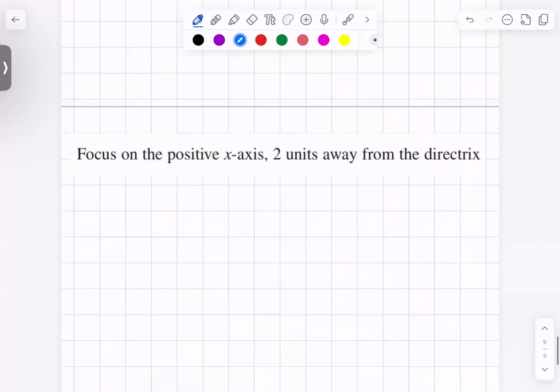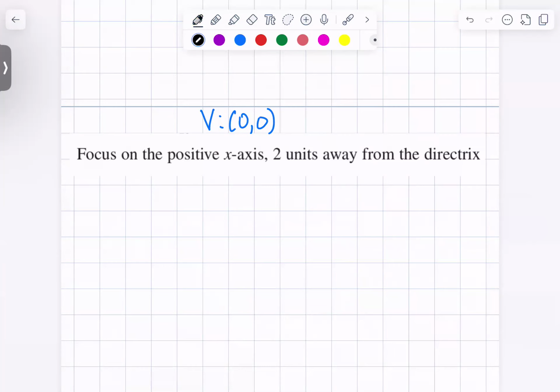Oh, look at this one. Same thing. Your vertex is still at 0, 0. Focus is on the positive x-axis, 2 units away from the directrix. What's my p-value? Let's draw it out.